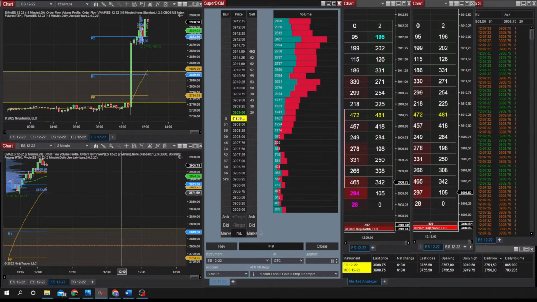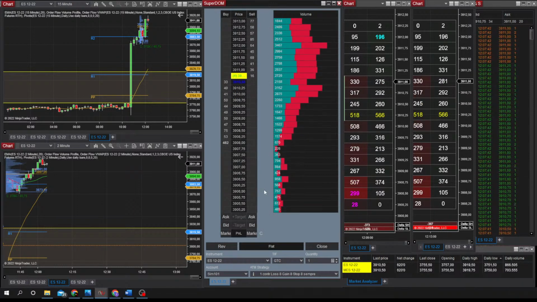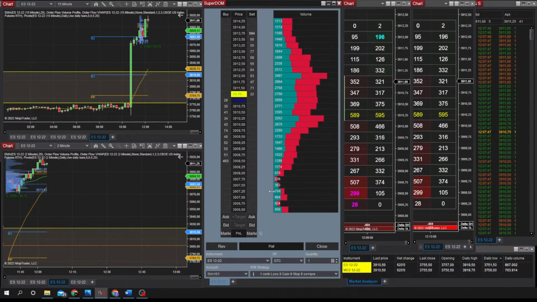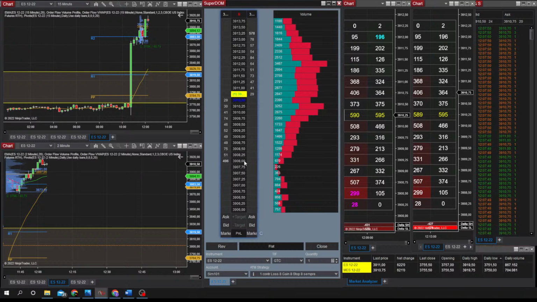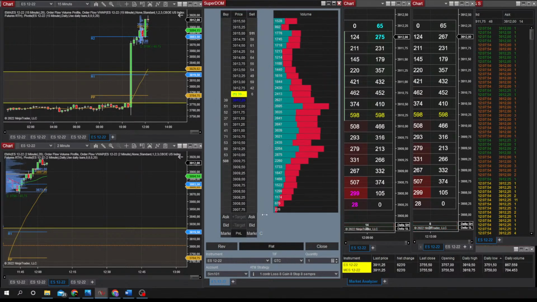Where we are seeing this move here, it's this third try at the 39.08. We see that it's been finding buyers here.